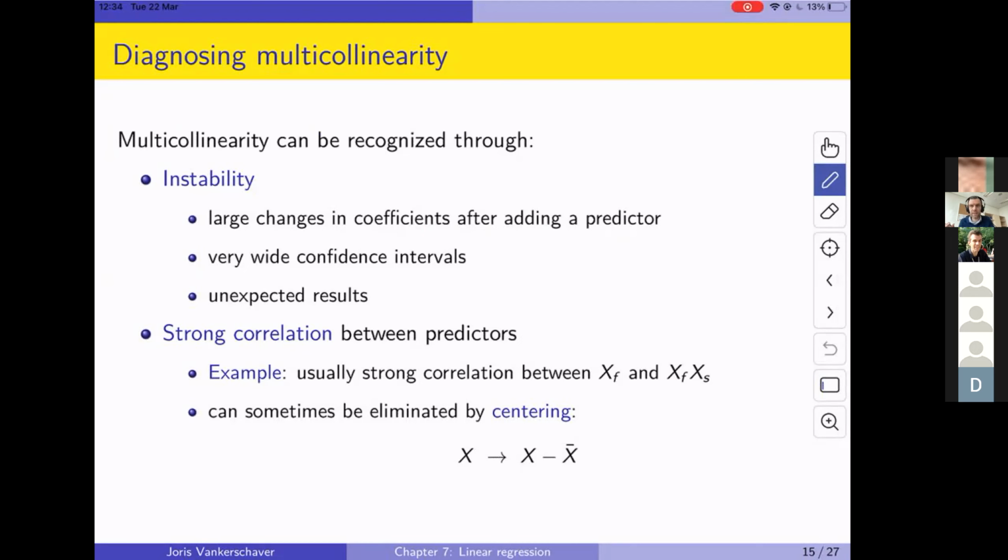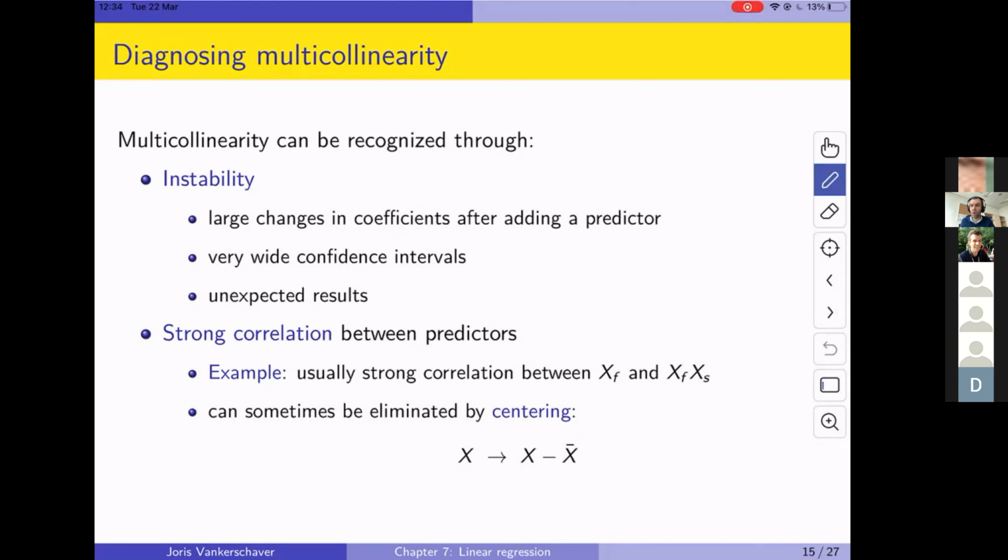If you see that, then that's probably a sign to go look for collinear predictors. And likewise, what we can also look for is just correlation per se between the predictors. You might have correlation between two different predictors, let's say age and health status.